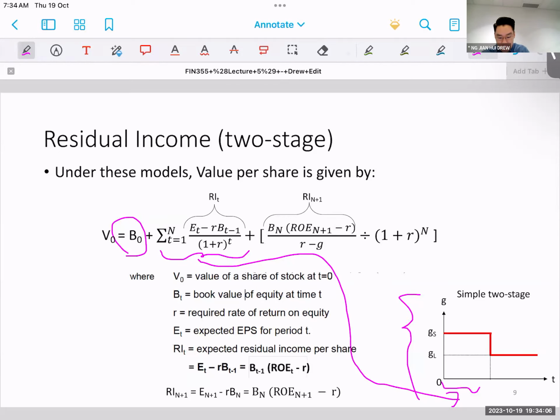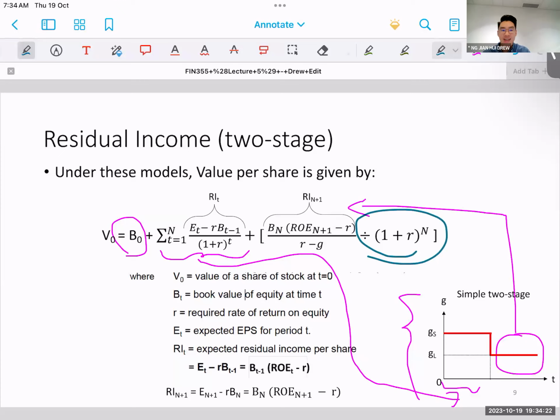Subsequently, what happens thereafter? Thereafter, we are doing a growing perpetuity, just like what we did for the stable growth, which is just a growing perpetuity forward. And why do we do this? Anyone can quickly explain why we need to divide by 1 plus r to the power of n?